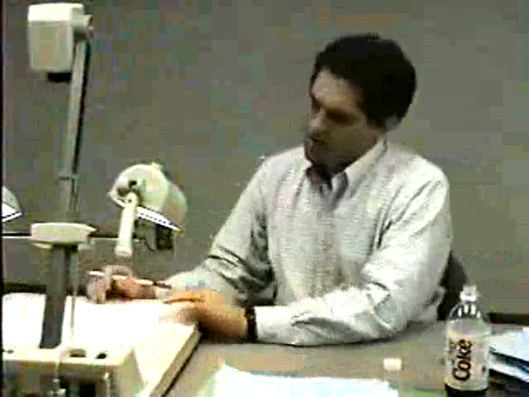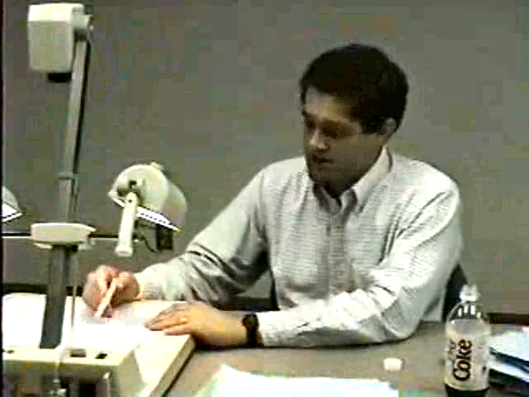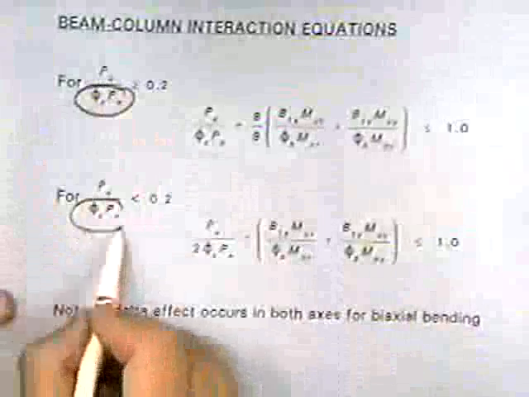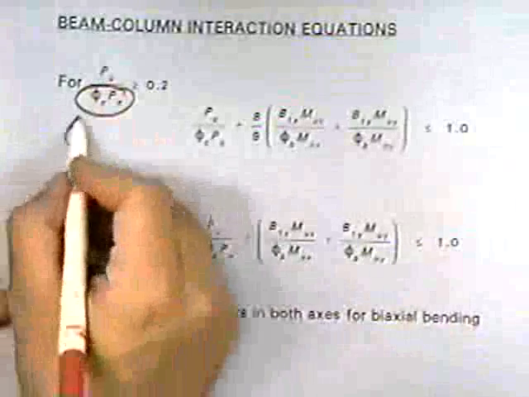The interaction equation then is given by the following. It's similar to what we had for axial tension and bending, but now the strength that we're going in with is for a column.